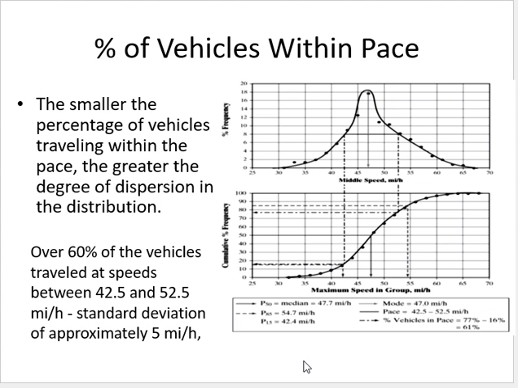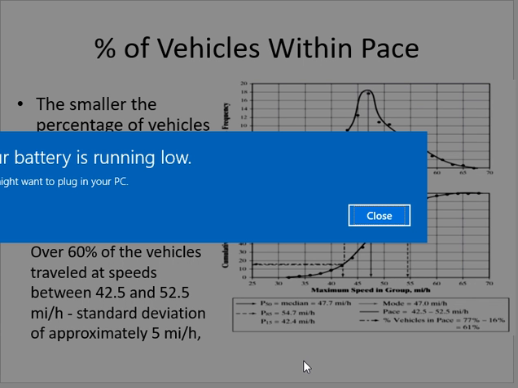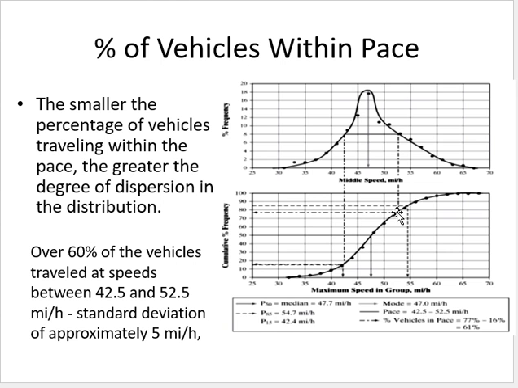This is the cumulative percentage for 52.5. It is somewhere near 70 something.